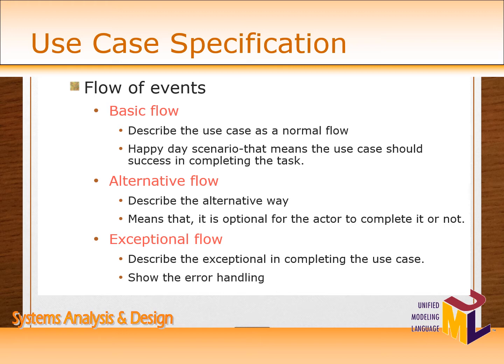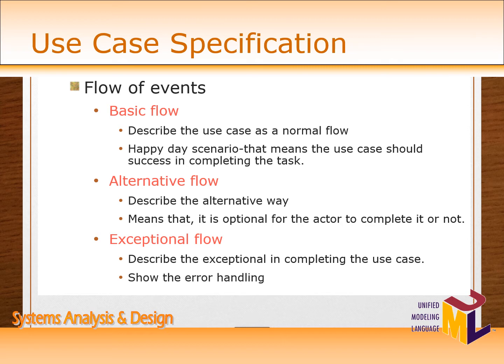And this is the part that is used to describe the processes in detail. There are 3 types. There's a basic flow, sometimes called happy flow, which describes the use case as a normal flow, the usual process that should be successful in completing the task.